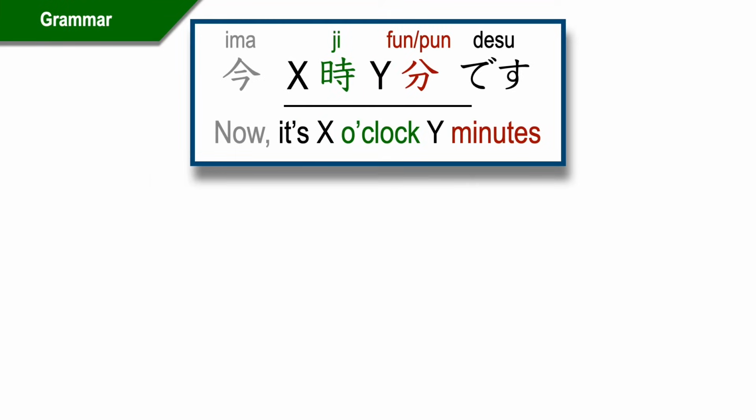今 X 時 Y 分です is how we tell the time. 時 is hour. 分 is minute.